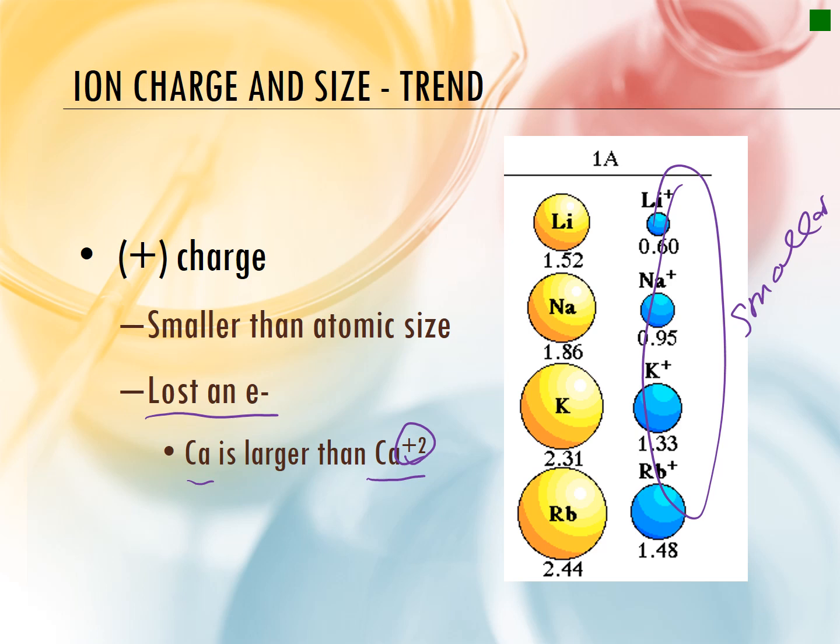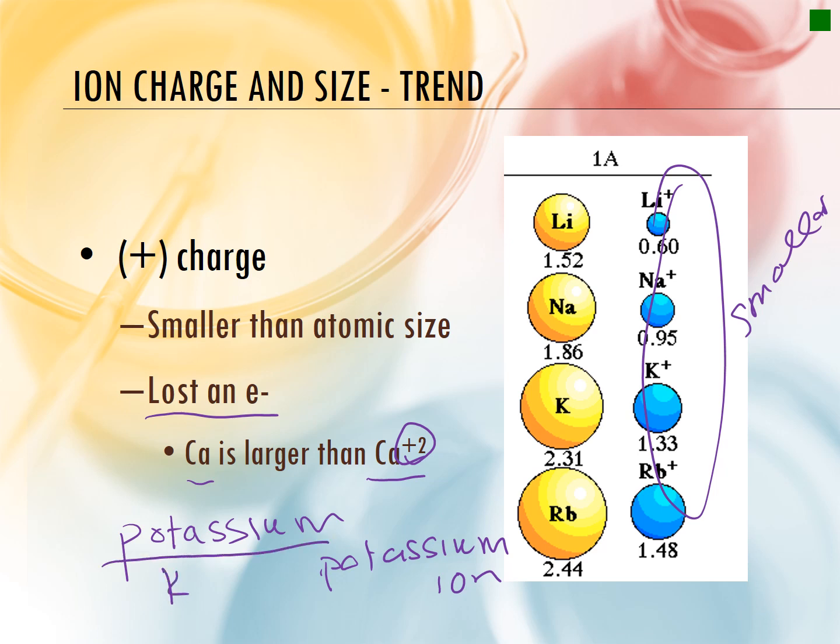Now, a lot of times I'll ask you, hey, what is potassium? We're going to compare potassium versus the potassium ion. When you're asked a question like this, you need to think, okay, what is potassium? Well, potassium's K. Well, what would the ion be? The ion, remember, has that charge. So what you want to do is look on your periodic table and look at what potassium's charge is.